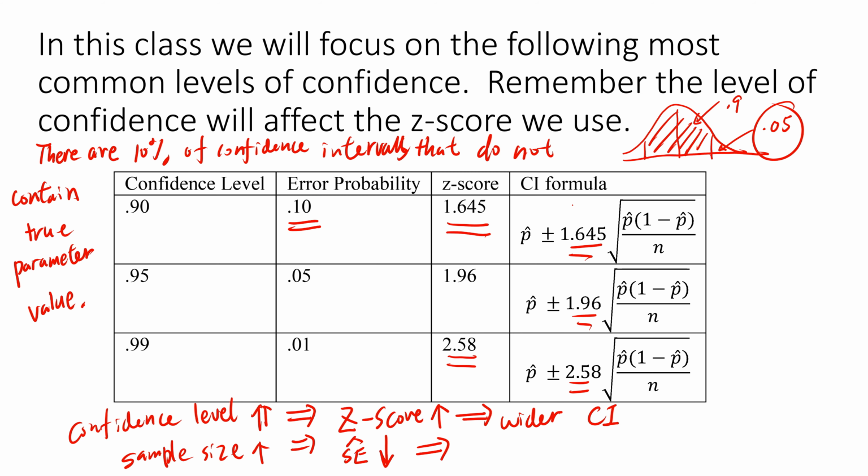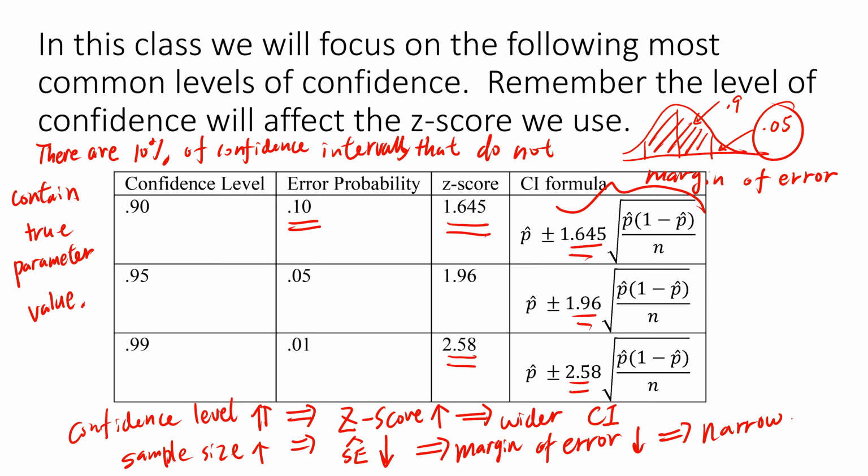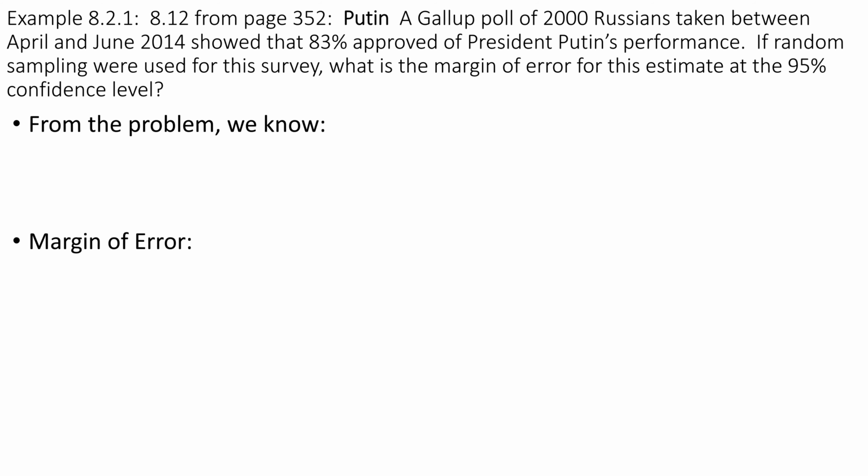Remember that this part is the margin of error. So the decrease of a standard error will result in the decrease of a margin of error. And the decrease of a margin of error will result in a narrower confidence interval.